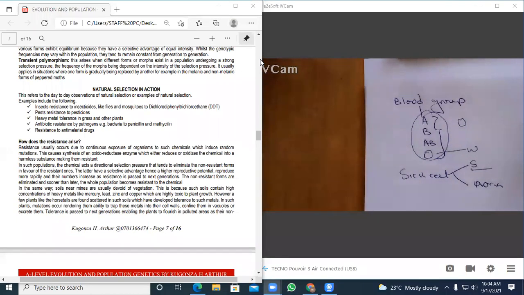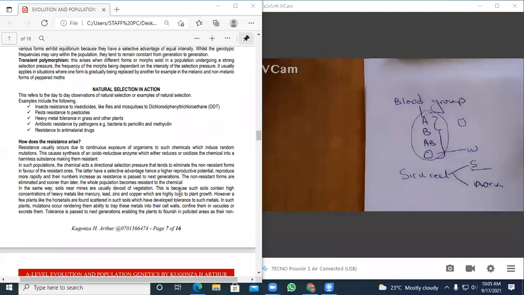Is birth weight a structural form? It's not a structural form. Therefore, we cannot talk about birth weight under polymorphism. Birth weight, we talked about it under types of natural selection.